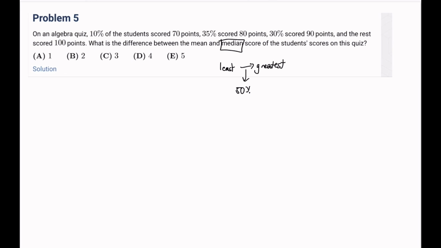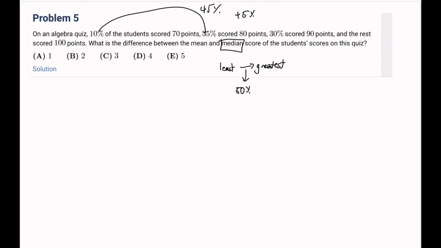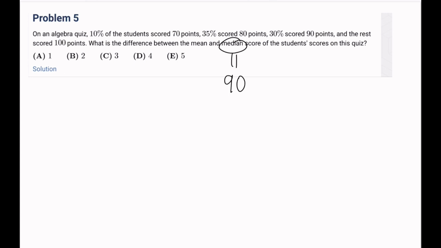And so since these two make 45% and the remaining 5% is added from this 30% of 90 points, then the median will be 90 points. So let's erase all this. The median would be 90 points. Actually 90%. No, 90 points.